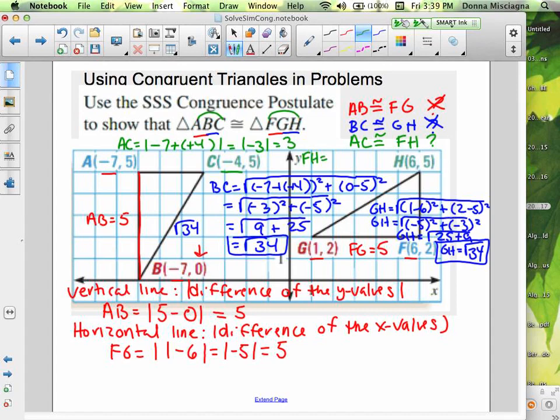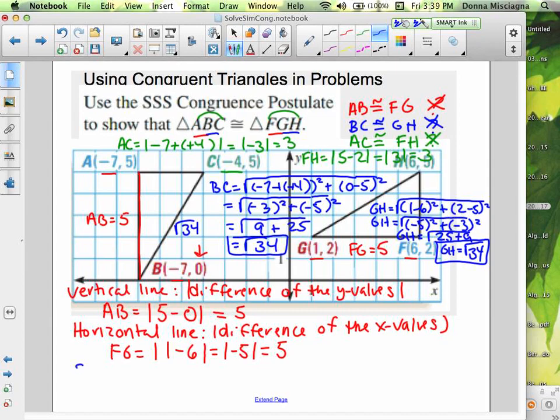FH is just the difference in the y coordinates because it's a vertical line. So that's just the difference between 5 and 2, which is 3. So that is congruent as well. Okay? So using the distance formula here and subtracting our values, we've shown that our two triangles are congruent.